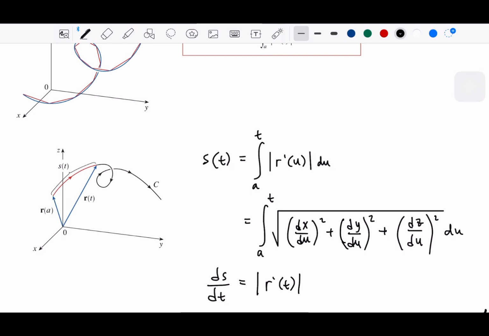So this is what we call the arc length function.